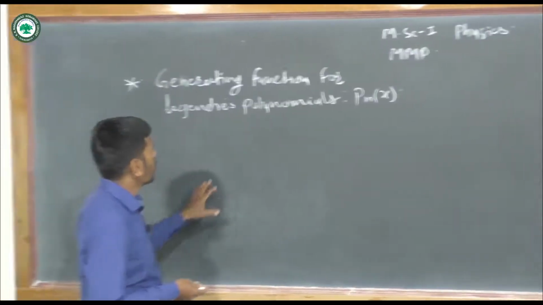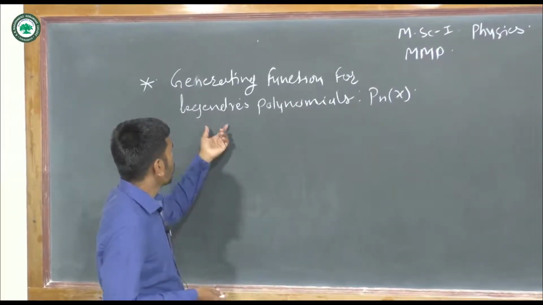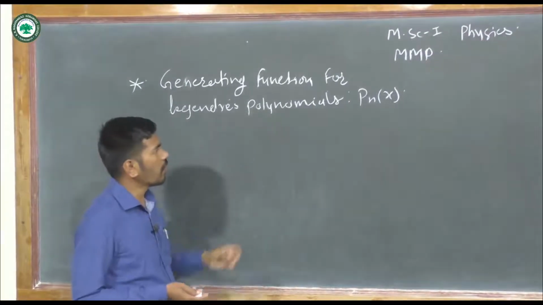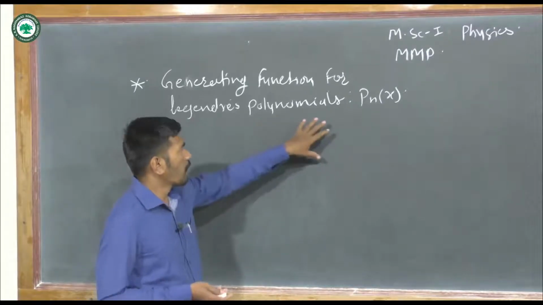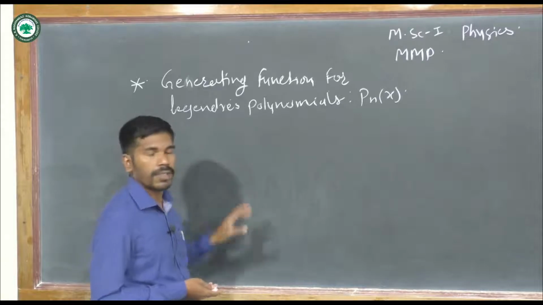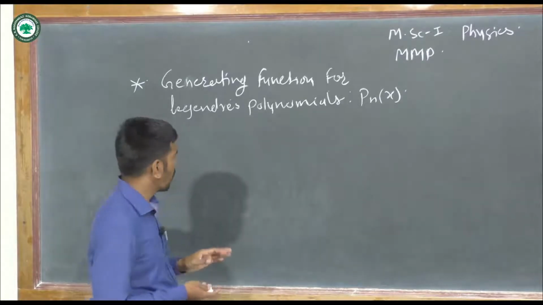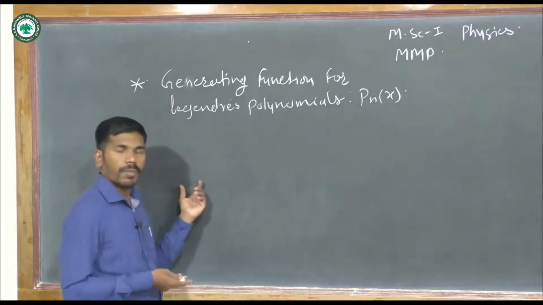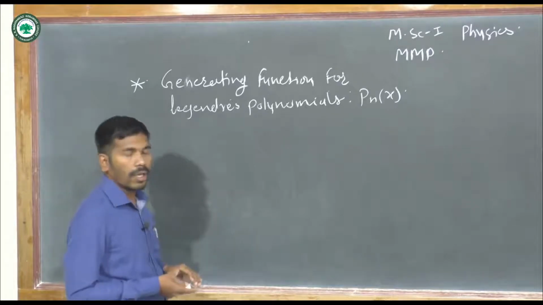If we try to find the Legendre polynomial, we want to expand the generating function around the point t equal to 0, and the coefficient of t power n is nothing but the Legendre polynomial.